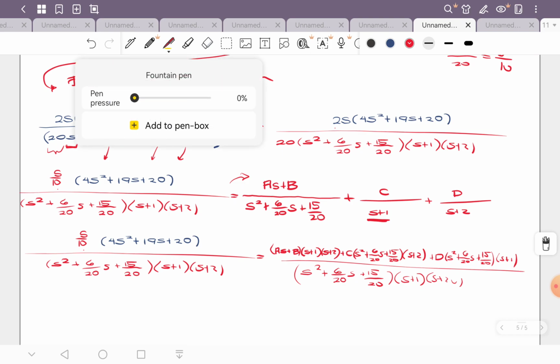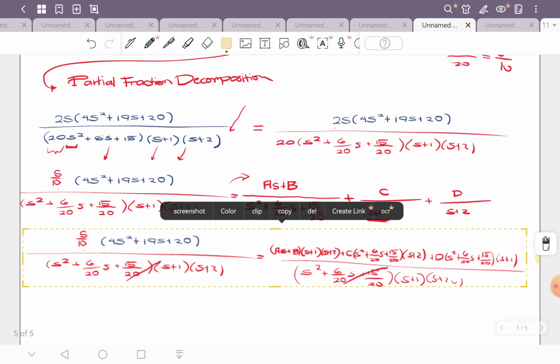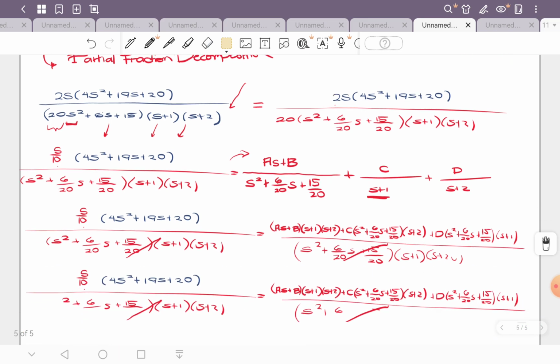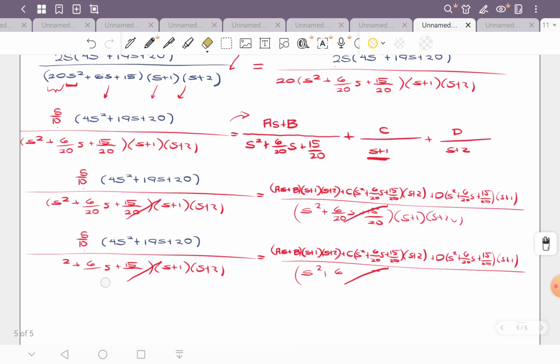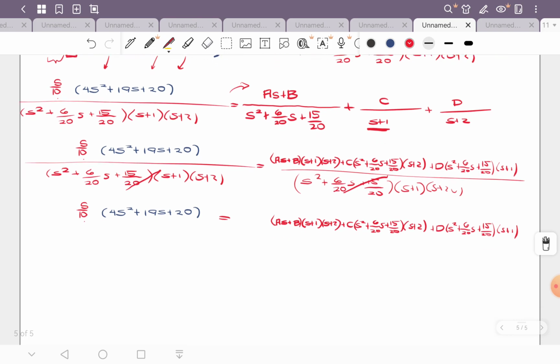Now we can cancel out the denominators, so we are left with the numerators. We have s over 10, so 4s squared plus 19s plus 20 equals this term.